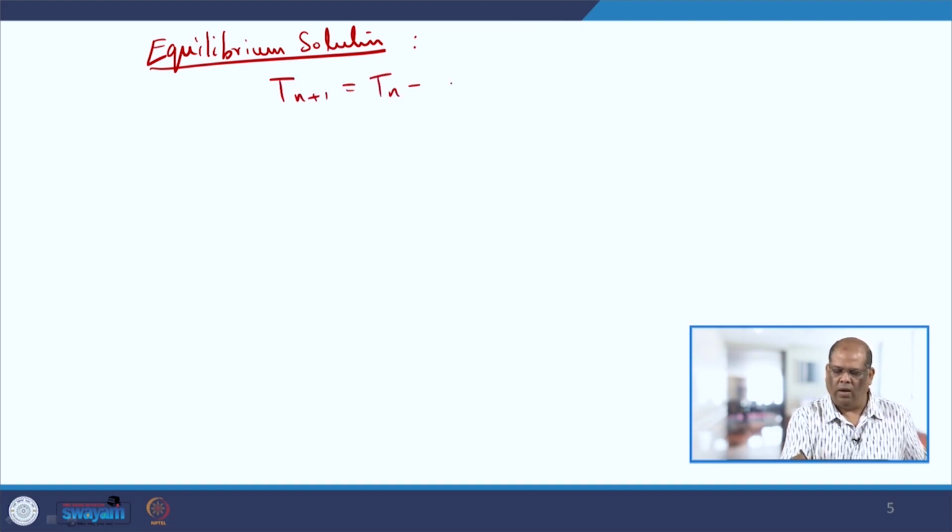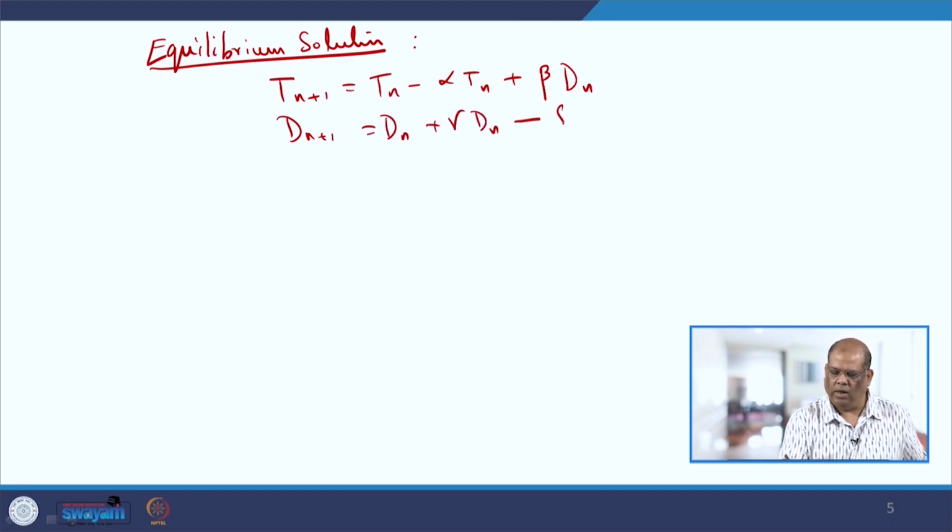So, the first thing is the equilibrium solution. I have Tn plus 1 equal to Tn minus alpha Tn plus beta Dn, and Dn plus 1 equal to Dn plus gamma Dn minus delta Tn.